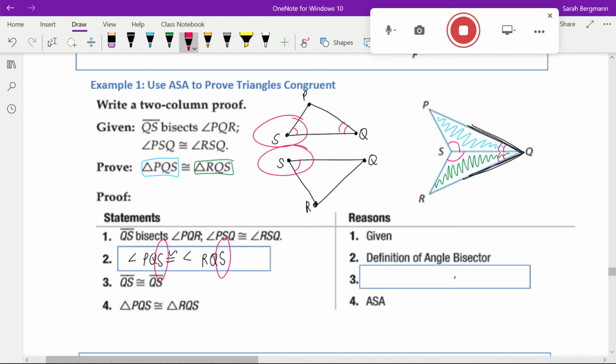I already know angle PSQ is congruent to angle RSQ, so I know angle S is corresponding. So I knew that I wanted to put it in the same spot. Next, it says QS is congruent to segment QS. I know that this is congruent to itself. Can you list this?